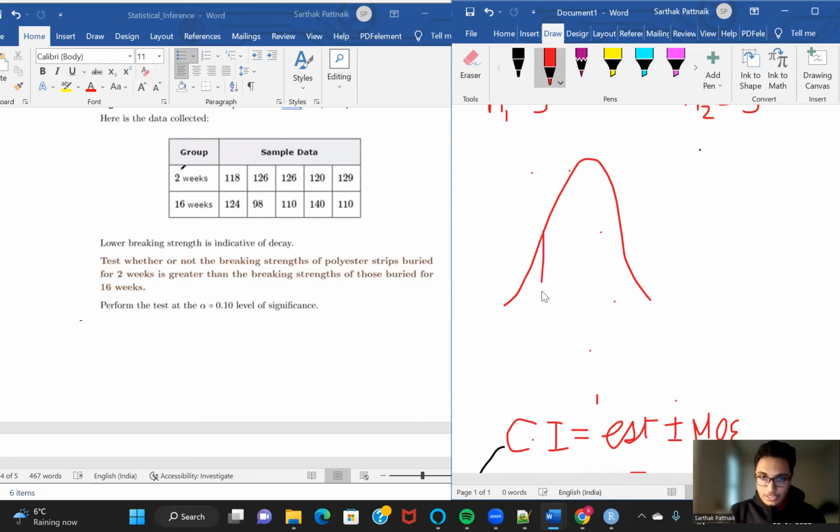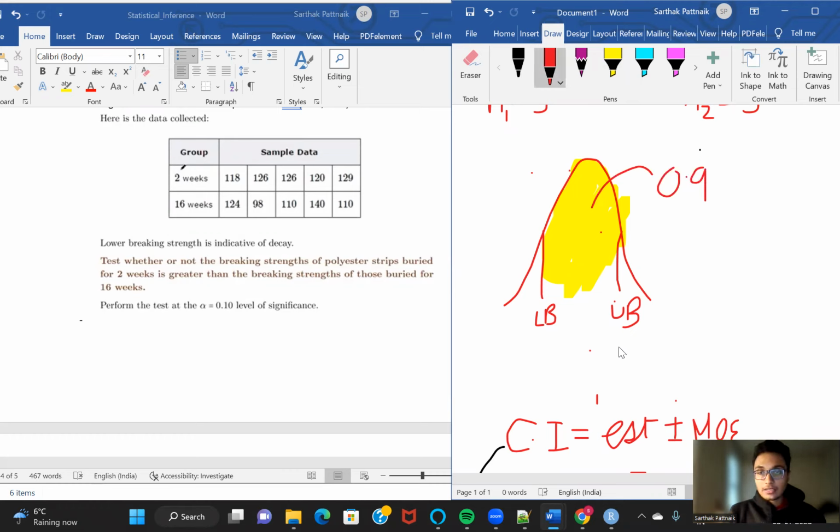I'm calculating the confidence interval between two points, lower bound and upper bound. This is going to be the area in between, 0.9.